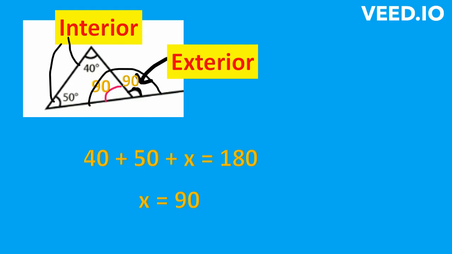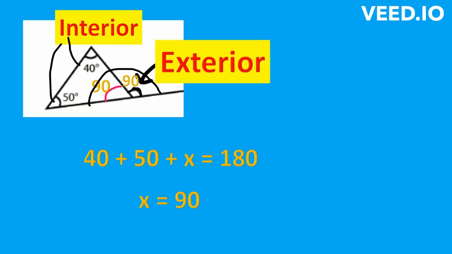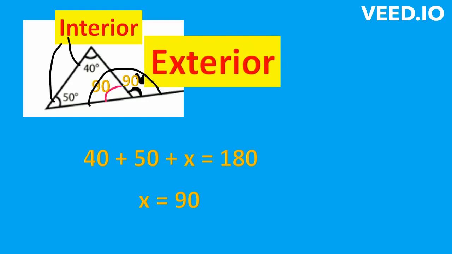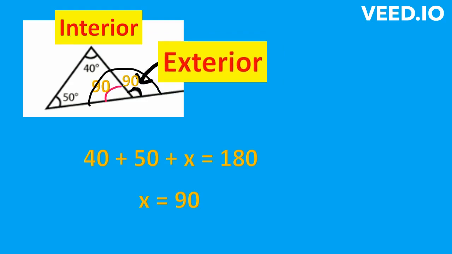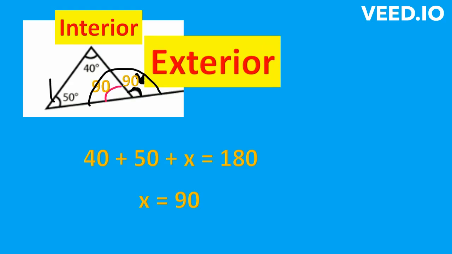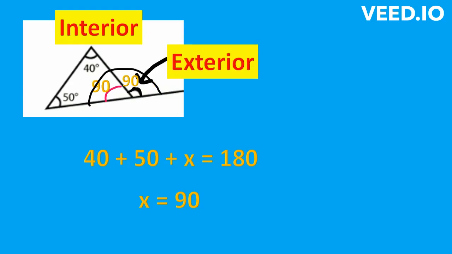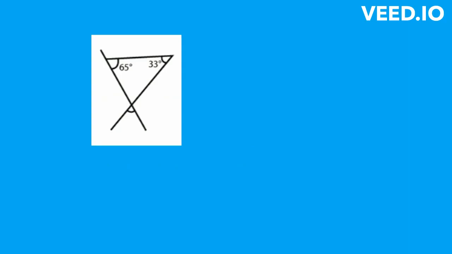So this angle right here should be 90. So the exterior angle here is 90, which is nothing but the sum of the opposite interior angles. Exterior angle is the sum of opposite interior angles.